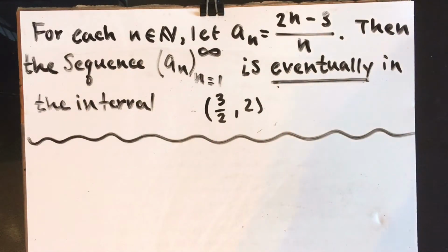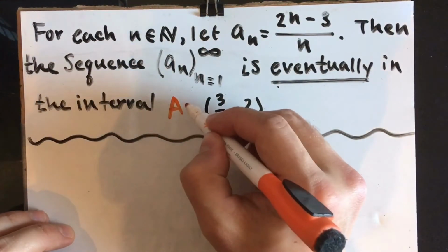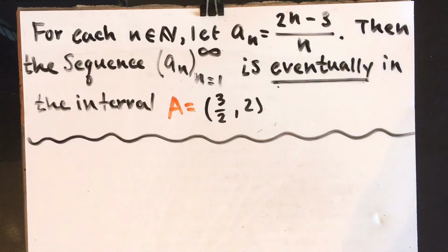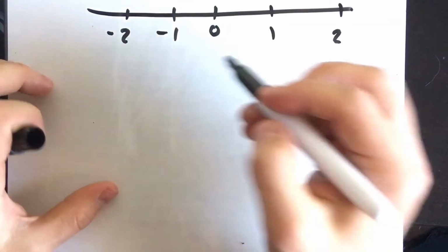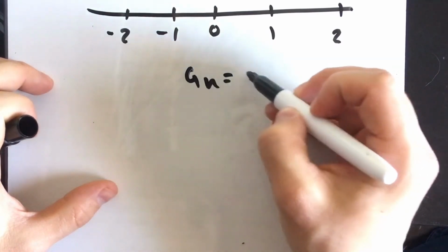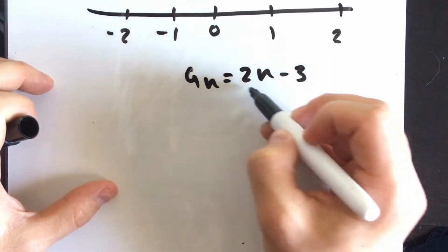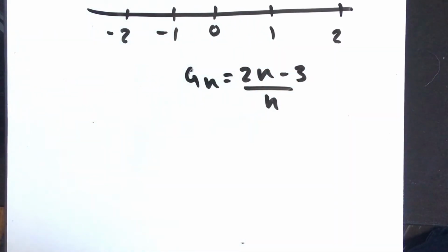So let's look back at our example and try to identify what the set A is. We're told that our sequence is eventually in the interval 3/2 to 2, so let's call that A. And now we can begin determining the capital N in order to complete our proof. To do that, let's first look at the real line with the interval 3/2 to 2 with a few elements of the infinite sequence a sub n. Remember our sequence was (2n minus 3) divided by n.